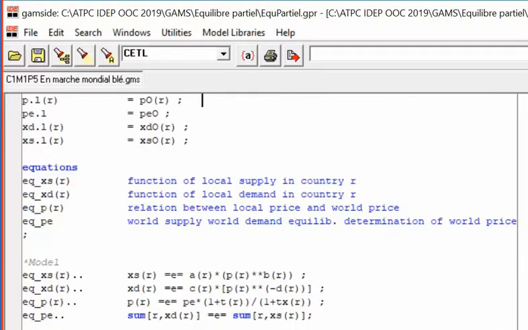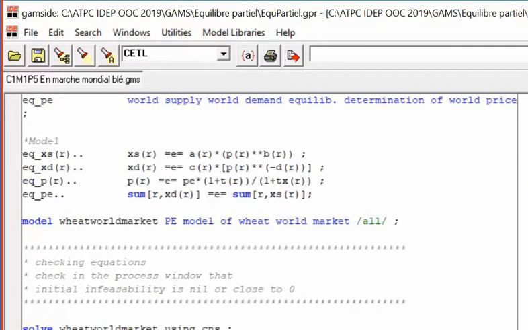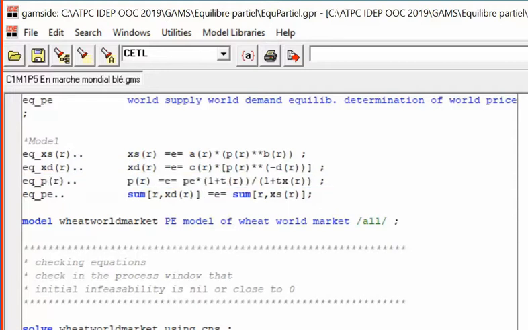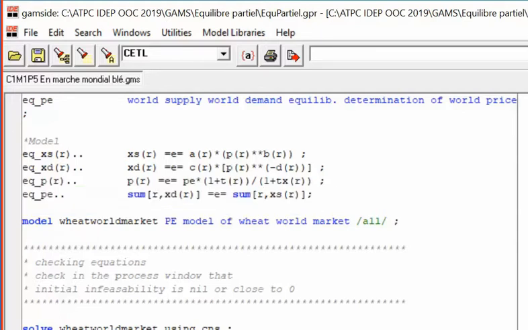And then I declare the equations of the model. So here you have the model: the supply function, the demand function, the price linkage, the relation between local price and world price, and finally the equilibrium on the world market, that is to say, total demand is equal to total supply.